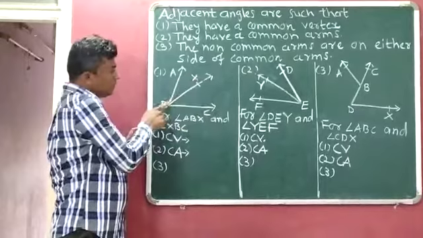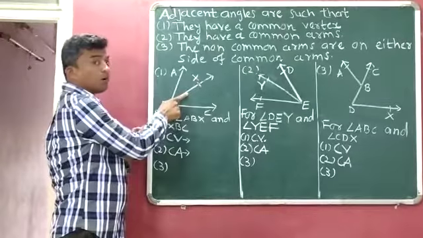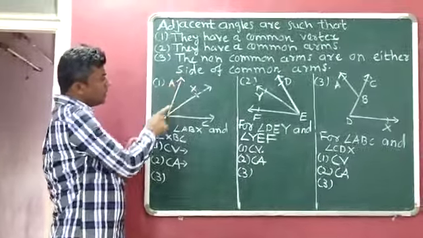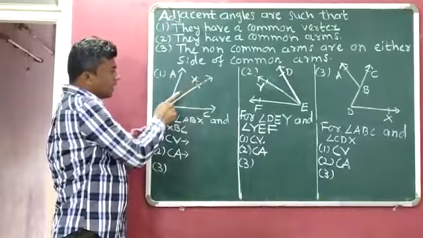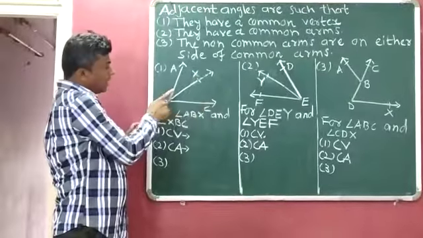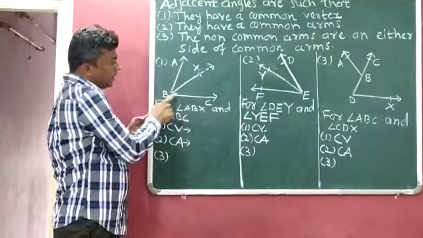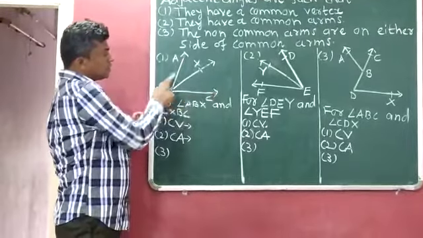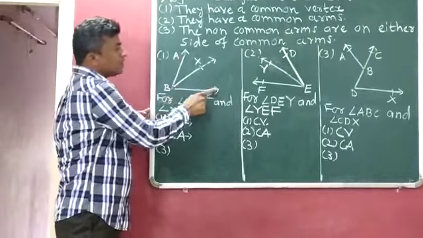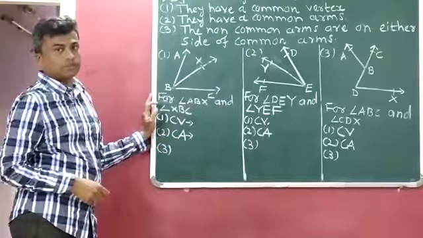It means ray BX is the common arm of angle ABX and angle XBC, and arms BA and BC, that is ray BA and ray BC, are non-common arms.